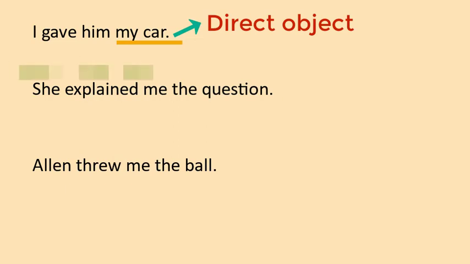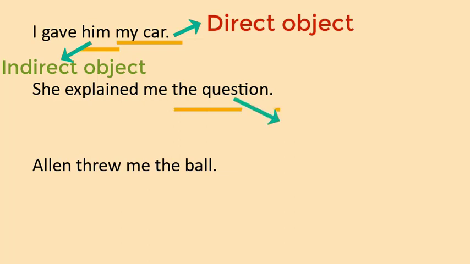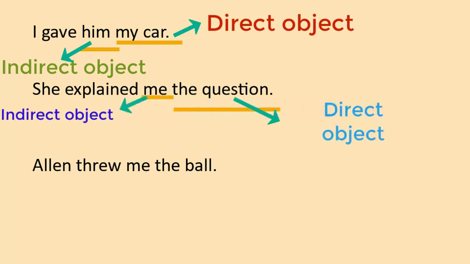Him is indirect object. She explained me the question. What is the question? It is direct object, and me is indirect object. And the last one, Alan threw me the ball. The ball is direct object, me is indirect object.